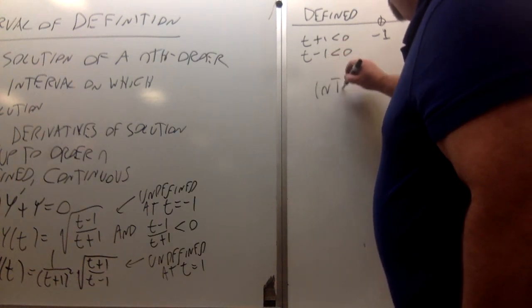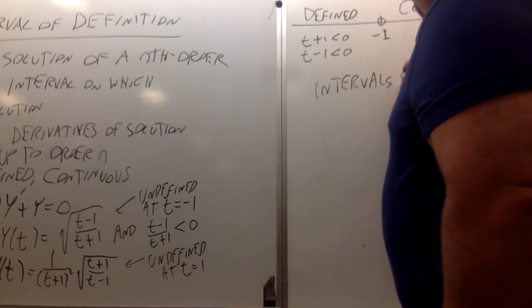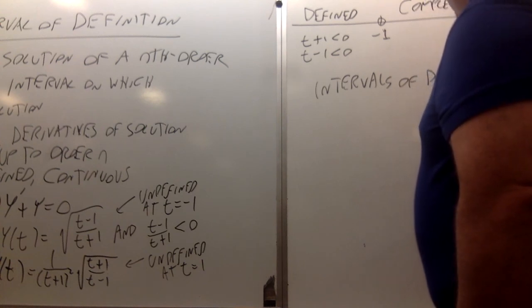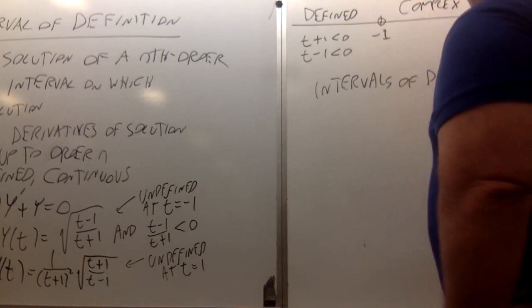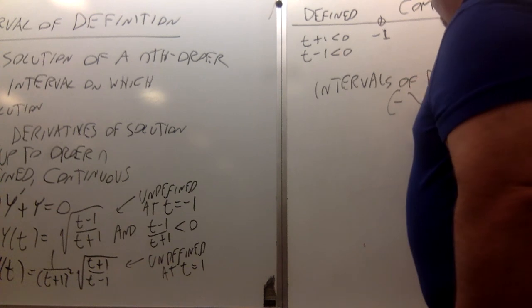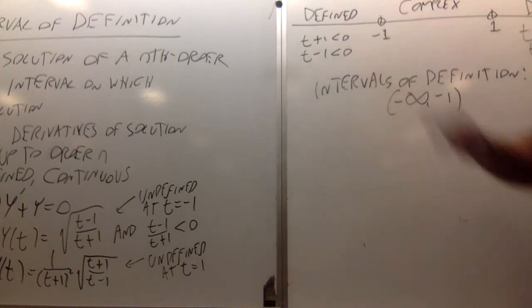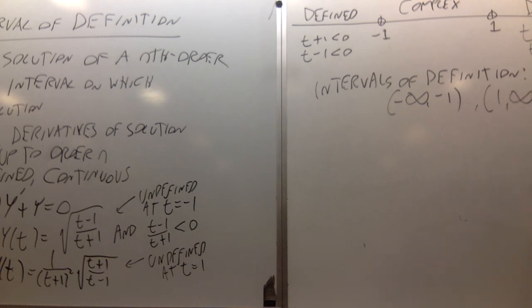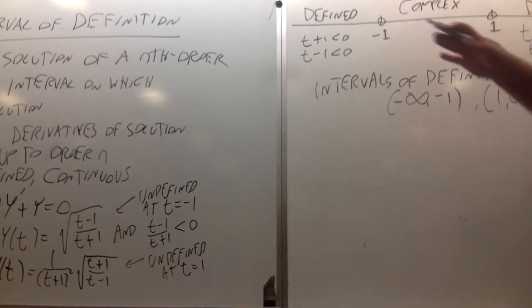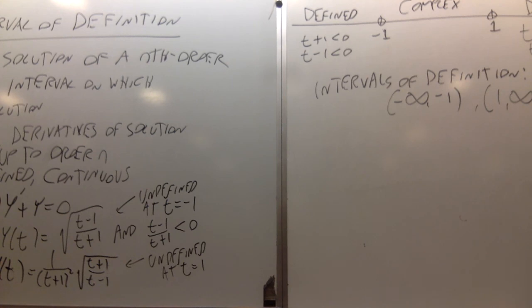So the intervals of definition are minus infinity to minus 1, so out here, and 1 to infinity. And notice I have open intervals here. I have parentheses, not square brackets. So I have minus 1 and 1 excluded, those particular points. So anything strictly greater than 1, strictly less than minus 1 is okay.